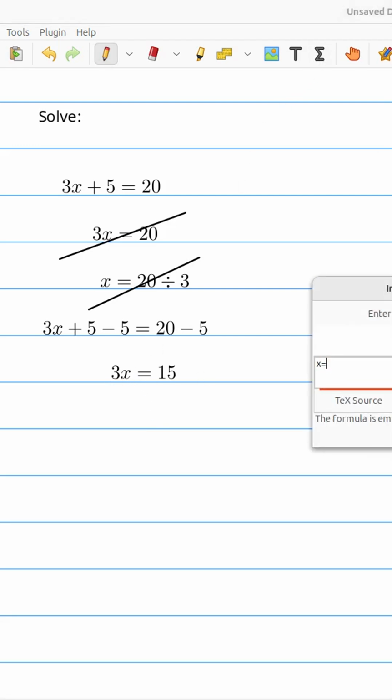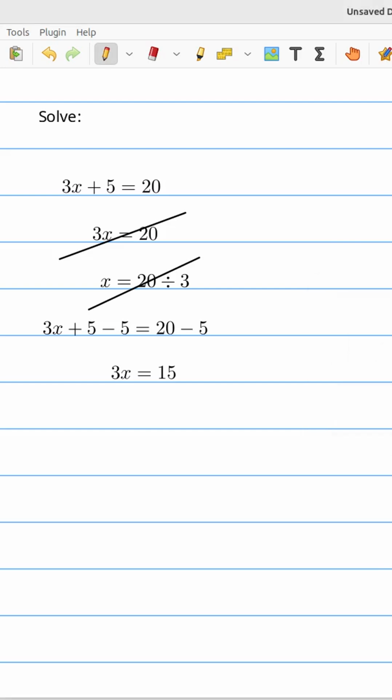So x would be 15 divided by 3, which equals 5. So you get the correct answer, x equals 5. So this is the correct way to solve the equation.